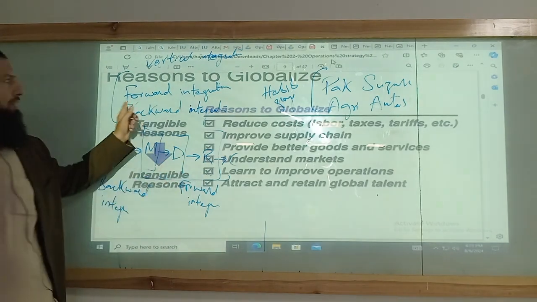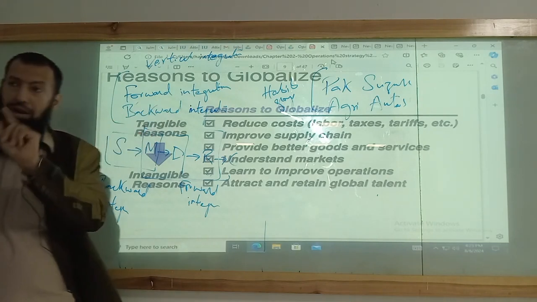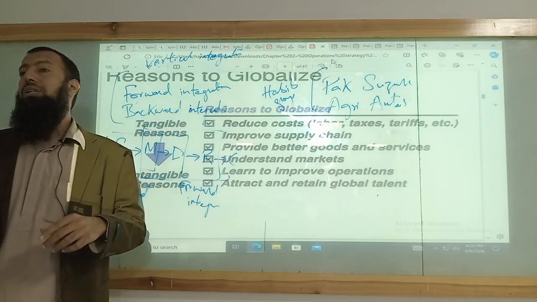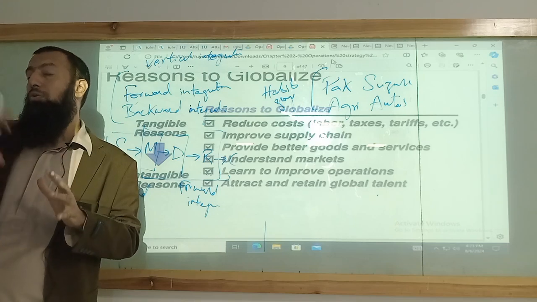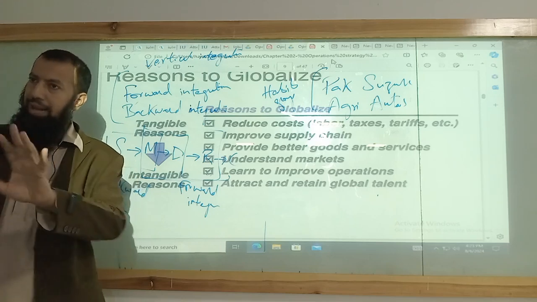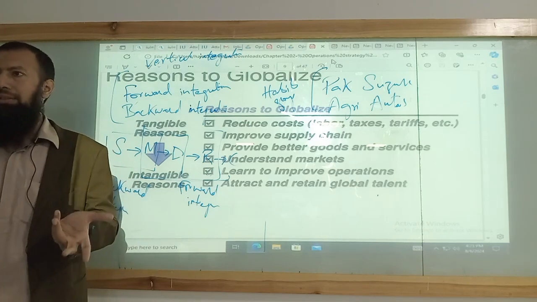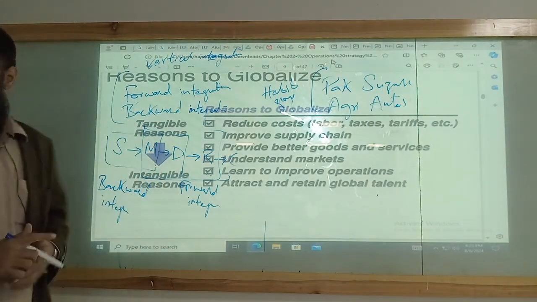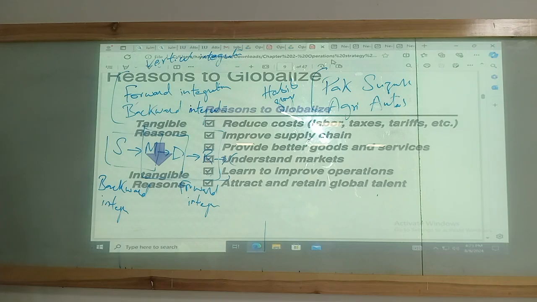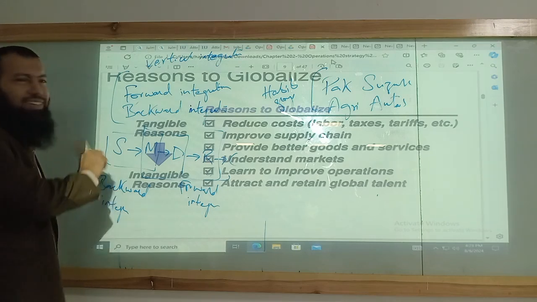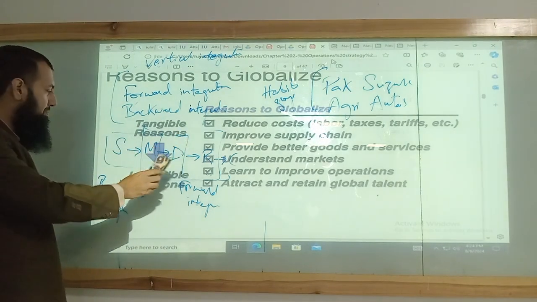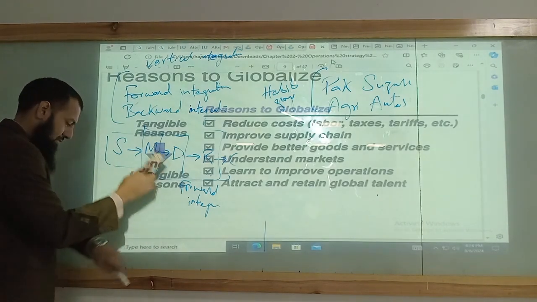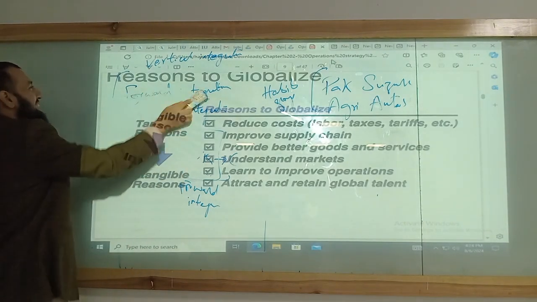But they have not integrated. We are talking about integration in which you were giving your product to a particular retailer, but now you are retailing yourself. We are discussing this. Any other question? Moving ahead. Yes, after 10 minutes. Should I remove it? Forward or backward?